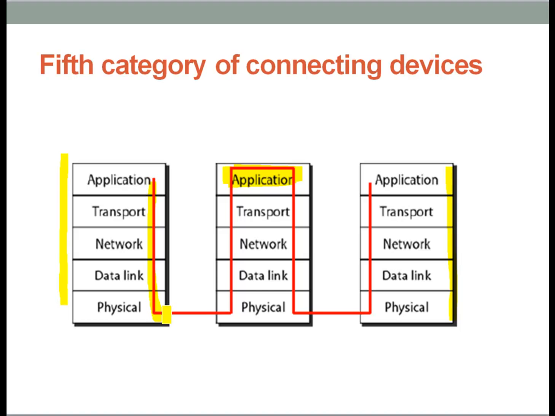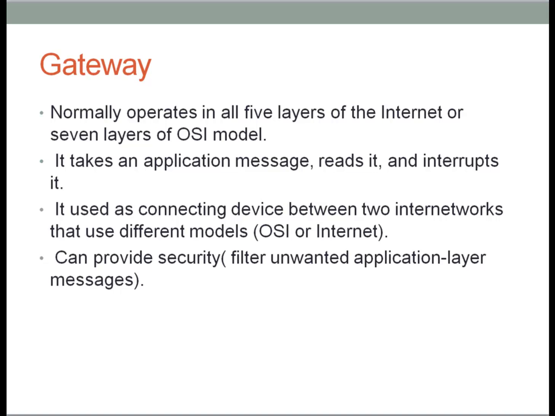A gateway is nothing but maybe some servers, and you can use it for connecting your networks. It normally operates in the 5 layers of the internet or the 7 layers of the OSI model, so it is the 7th layer, the top layer.